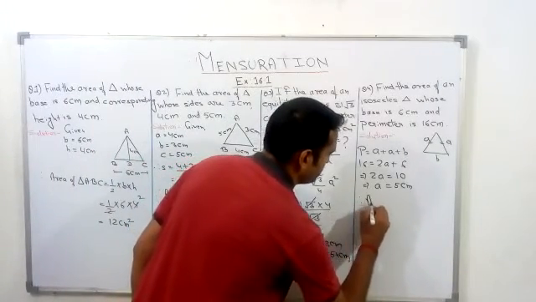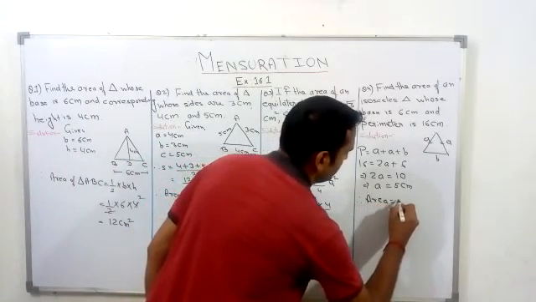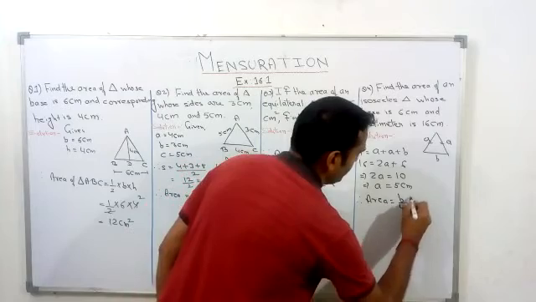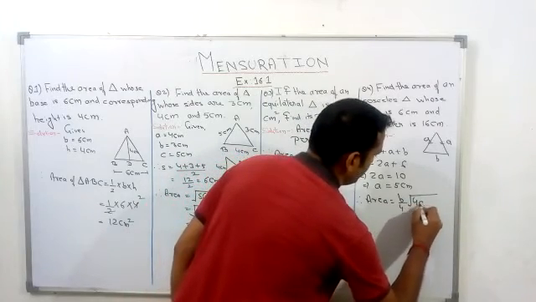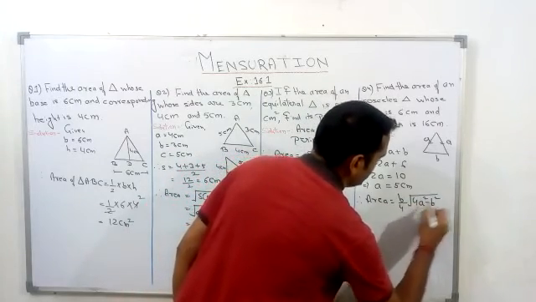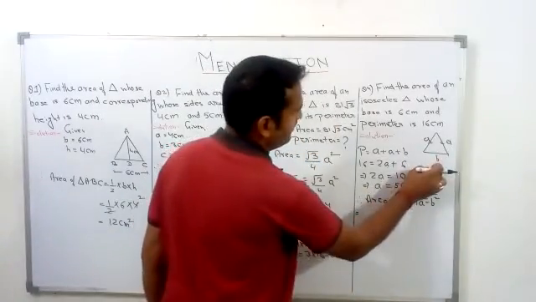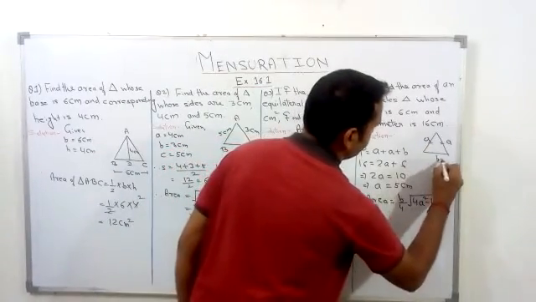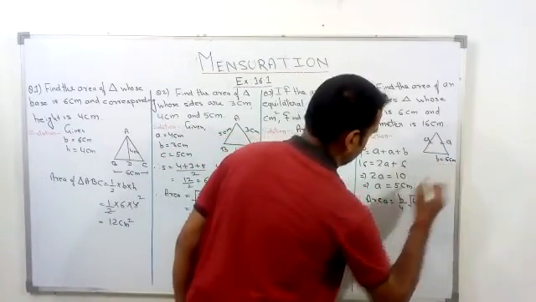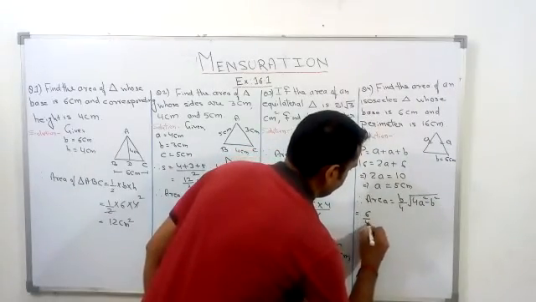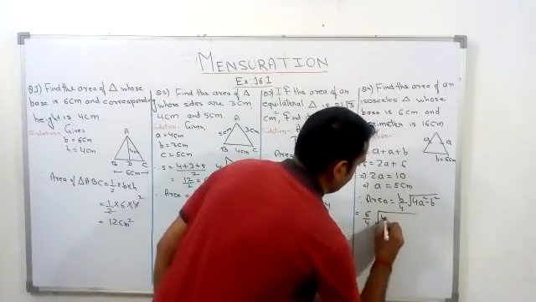Area of an isosceles triangle equal to B by 4 square root of 4A square minus B square. Now put the values. B is given 6 cm, so 6 by 4 square root of 4A square minus B square.